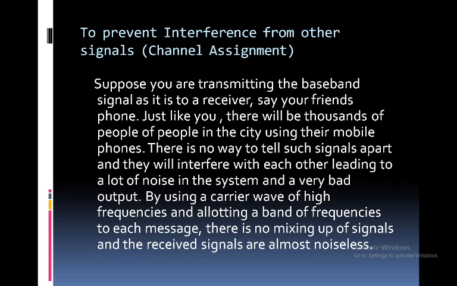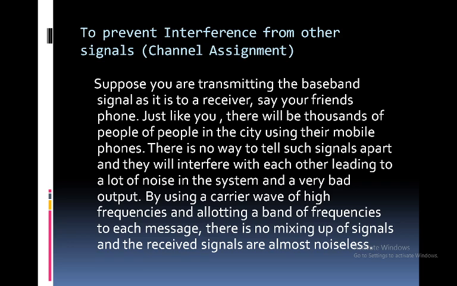Then channel assignment. Everybody cannot just be sending signals anyhow, because if you send and I send, it will be difficult for the receiver to determine which signal he wants, as we all transmit using the same frequency. But by modulation, we are able to assign a particular channel. There is a body that does that.